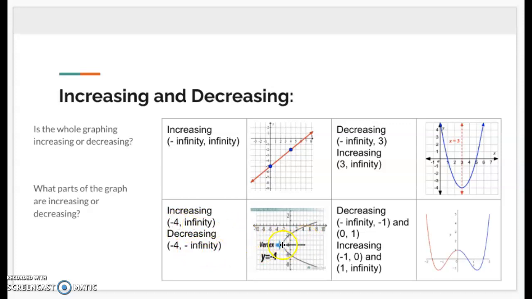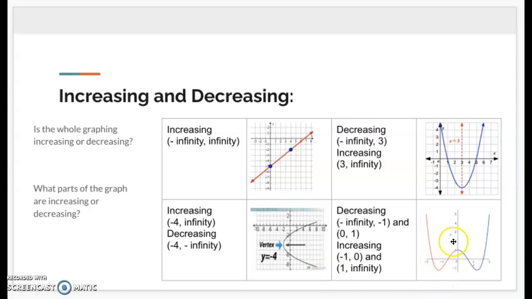My y at -4 right here is the turning point. That's when it turns. So from -4 up to a positive, it's going up. And from -4 to negative infinity, it's going down.